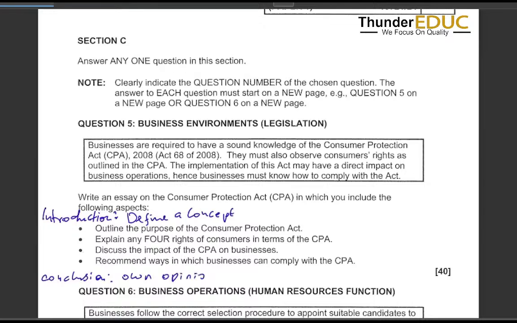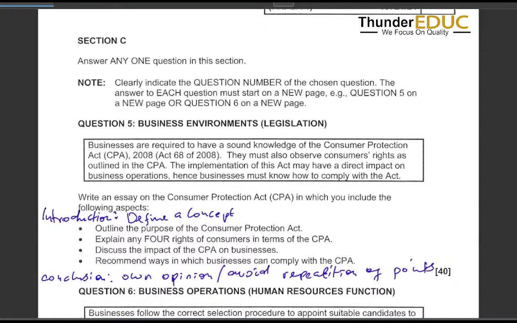And when you write your own opinion, make sure that you avoid repetition of points. You must avoid repeating points time and again. Okay, right. So now let's check here. Question 5 reads as follows: business environment legislation.